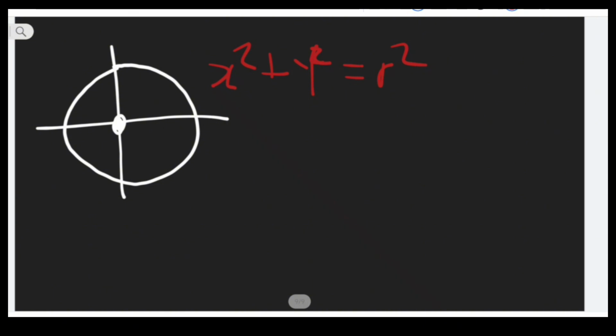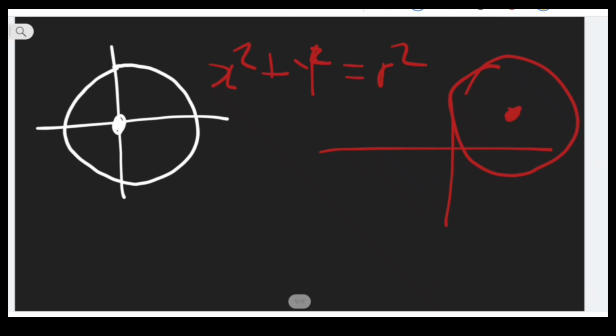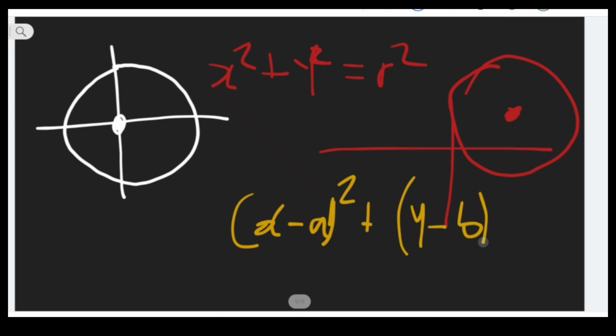Maybe we have another circle here, and now the center is not at the origin, the center is somewhere here. This is represented by (x minus a) all squared plus (y minus b) all squared equals r squared, where (a, b) is the center of the circle.